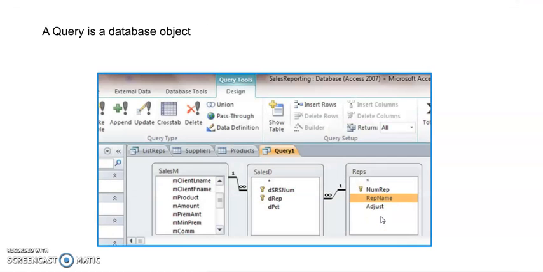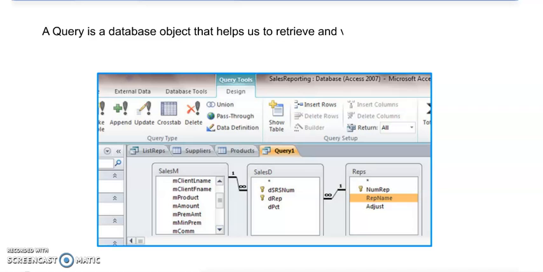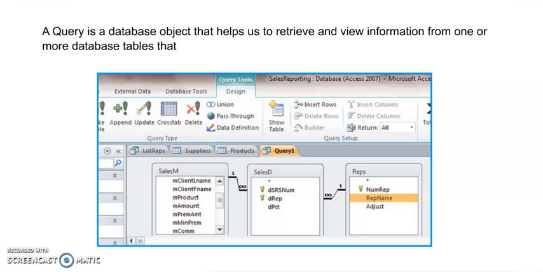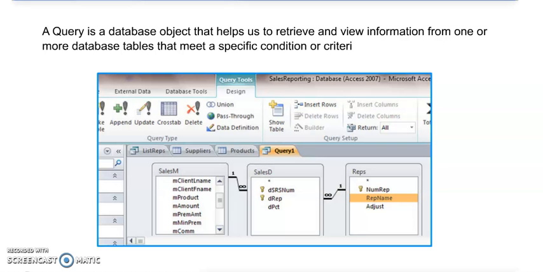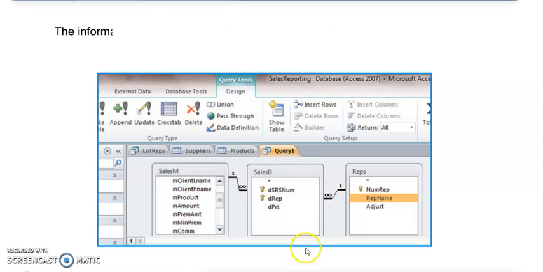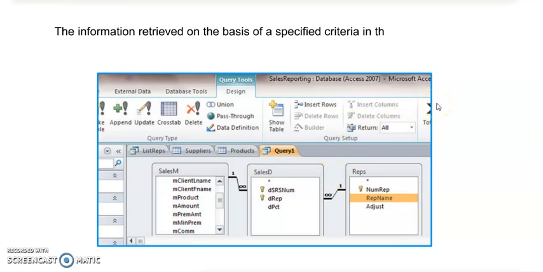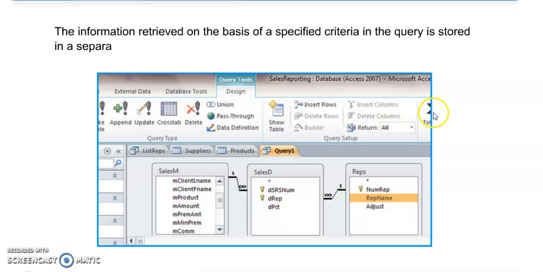What is a query? A query is a database object that helps us to retrieve and view information from one or more database tables that meet a specific condition or criteria. The information retrieved on the basis of the specified criteria in the query is stored in a separate table called the query table.